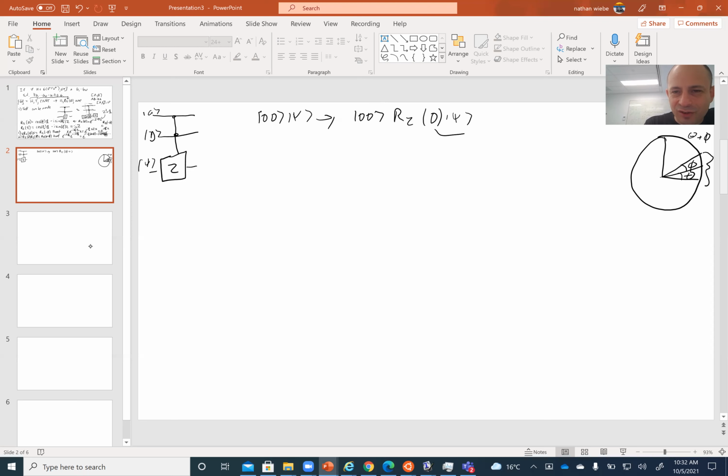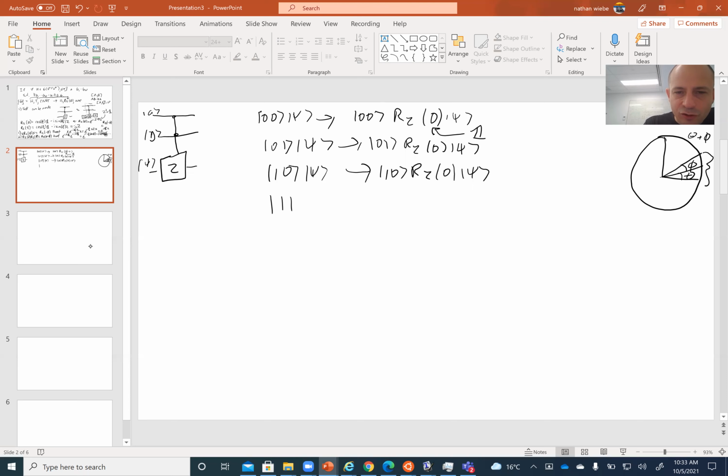Now, this is just a silly way of us writing the identity operation, but bear with me for a moment. Okay, 1, 0, psi. So far, all of these transformations are really boring.